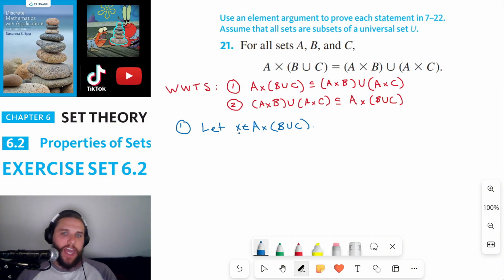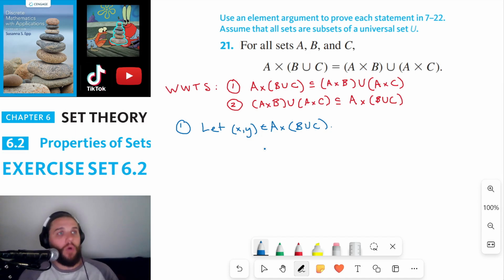So instead of saying let X be an element of this, we're going to say let the ordered pair (X, Y) be an element of this cross product. This is a little bit more accurate as to what the element would look like. It's still arbitrary in the sense that we don't know what those values in the ordered pair are, but it's the arbitrariness that allows us to extend this proof universally throughout the entire domain of discourse.